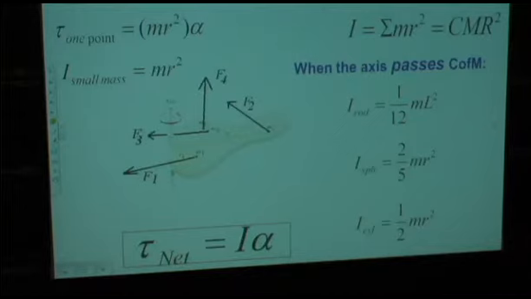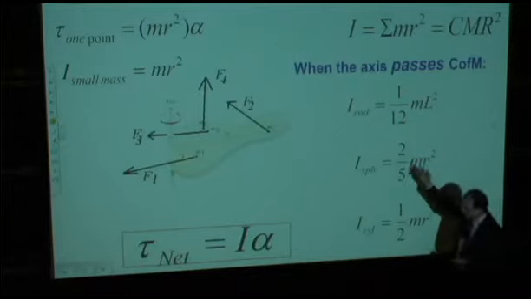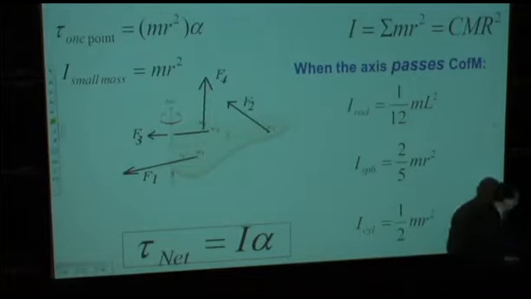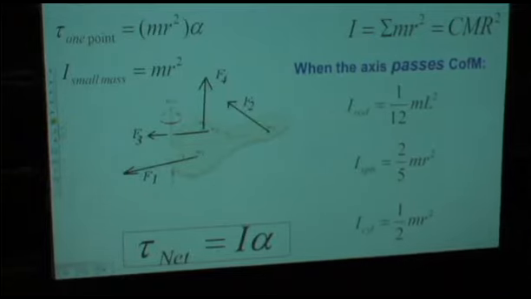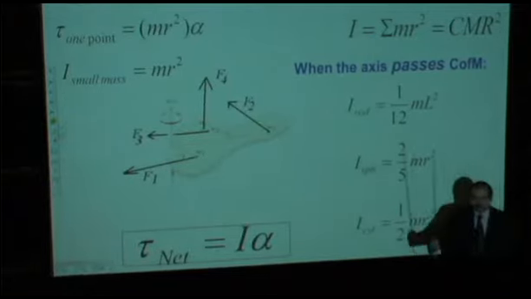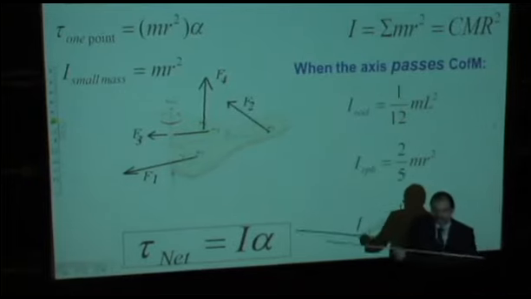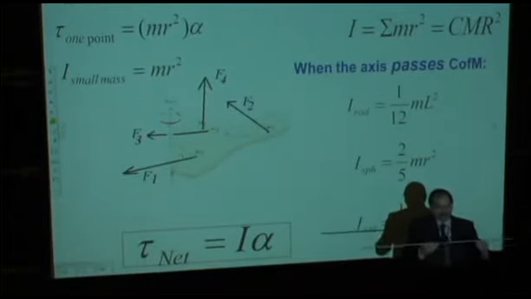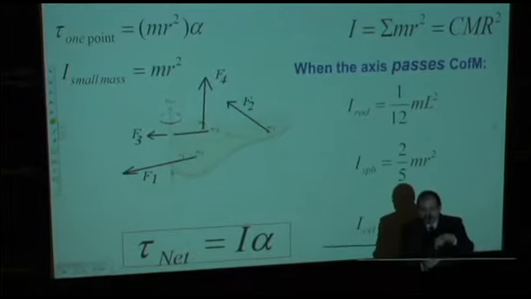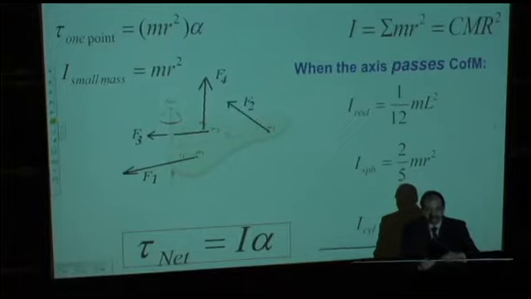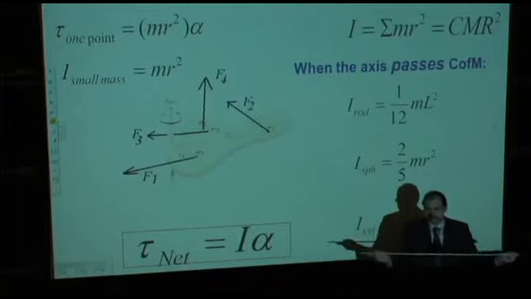So here, if we have a long rod with nothing else attached to it, the moment of inertia of this rod relative to the axis traveling through the center of mass is equal to 1/12 times the mass of this rod times the length of this rod squared.